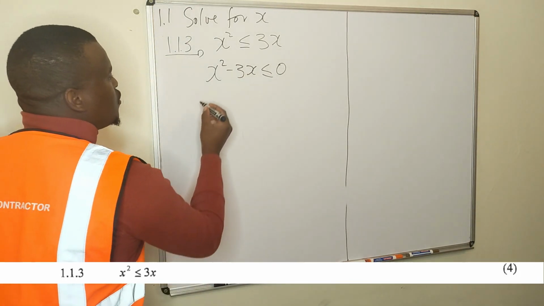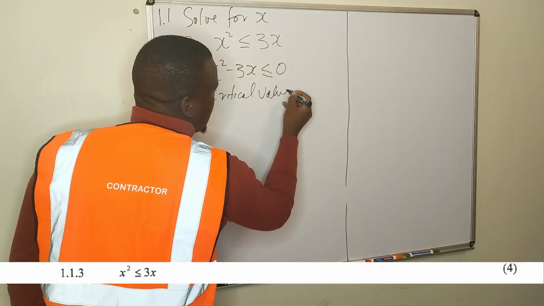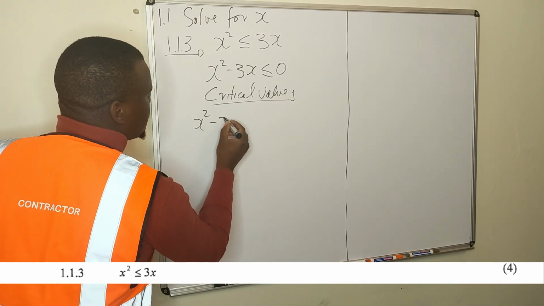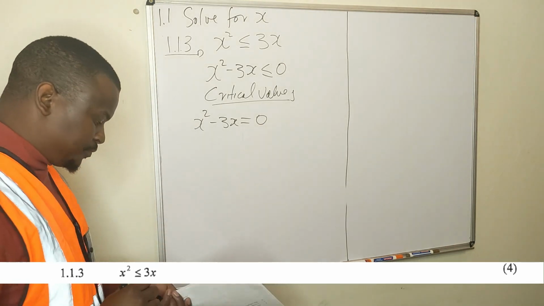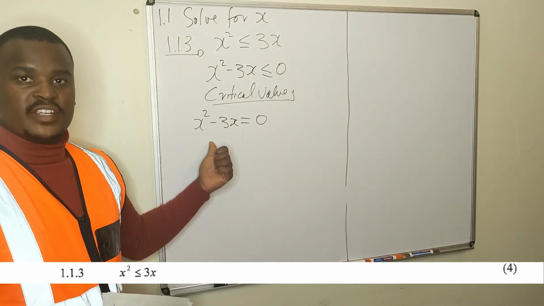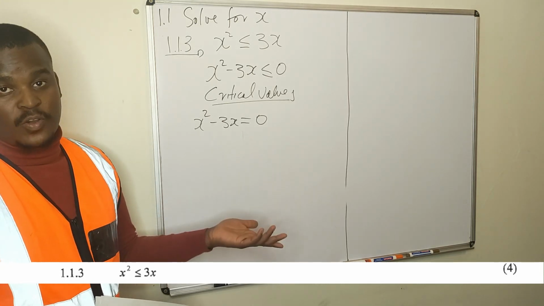Next, you find the critical values. So say x squared minus 3x, you equate this to 0. You can use the quadratic formula to find the solutions, or you can factorize it.